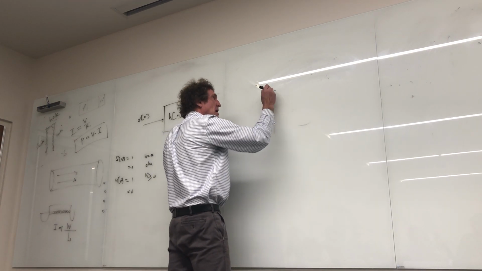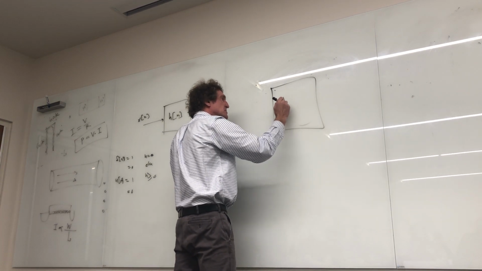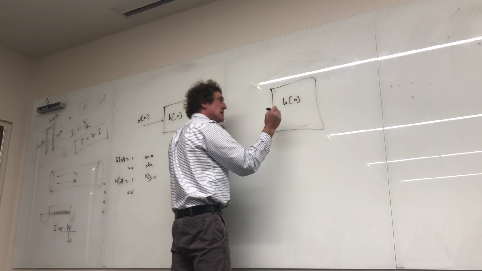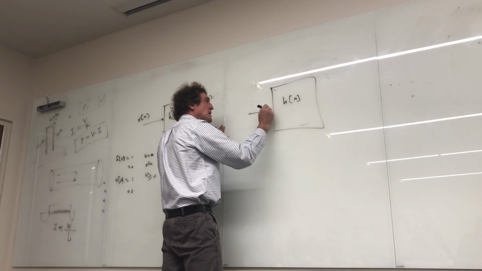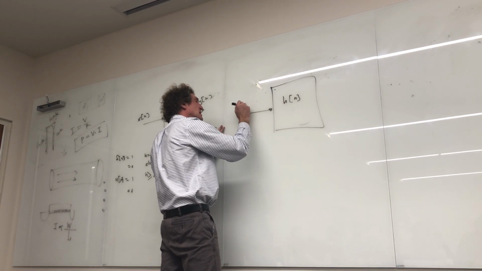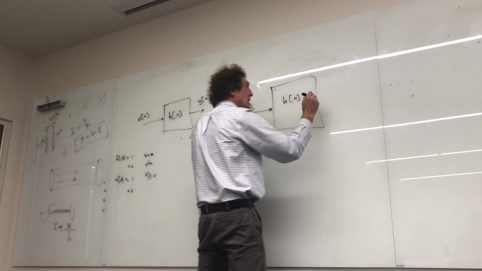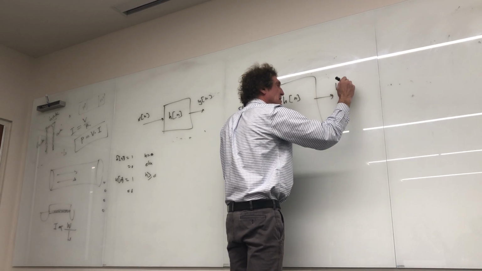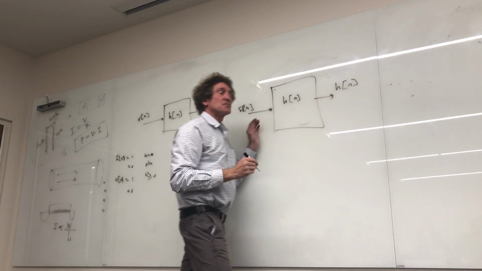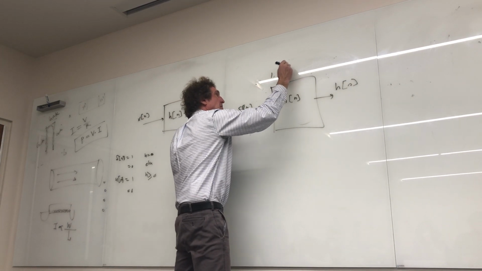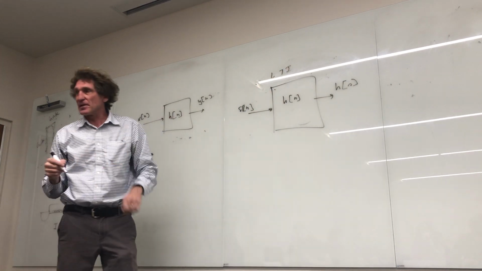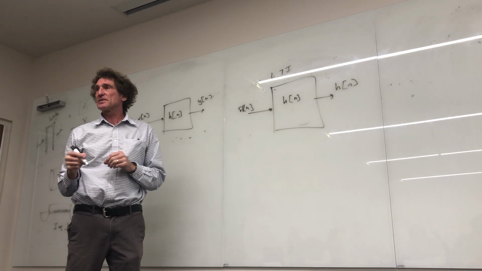Let's go back to the way we started with convolution. We have a system defined as h of n, the impulse response. So when I put in delta of n, I get out h of n. And this is for linear time invariant systems. It's not for nonlinear systems, and it's not systems that vary with time.